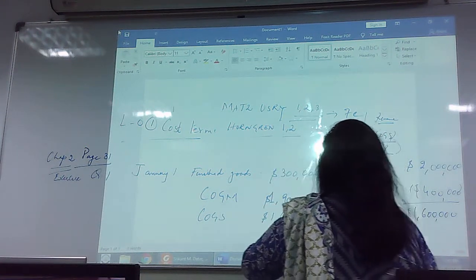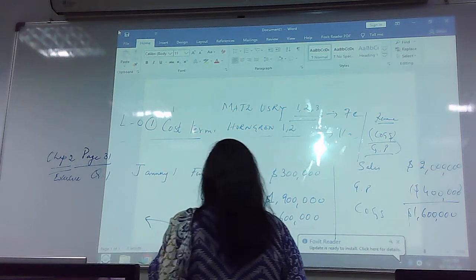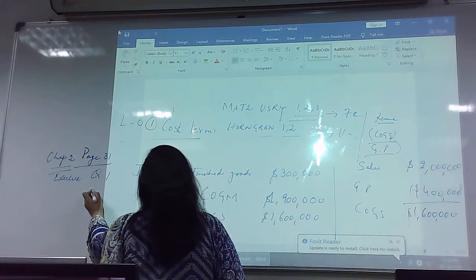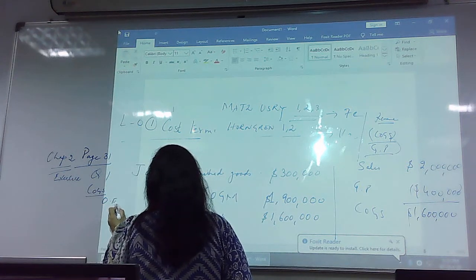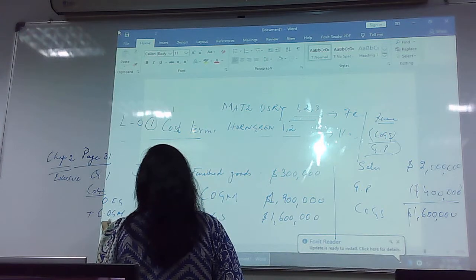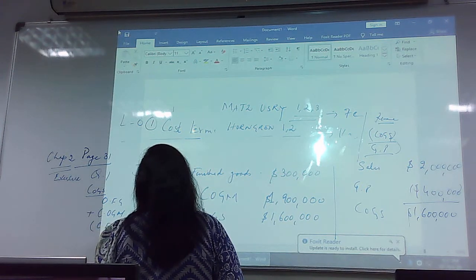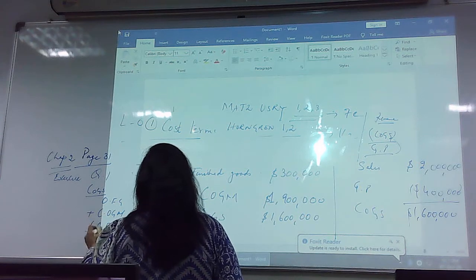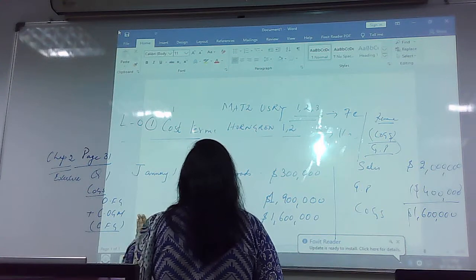You know the formula for the cost of goods sold: opening finished goods, add cost of goods manufactured, COGM, and subtract closing finished goods, and you get cost of goods sold. So now you can simply place in values.